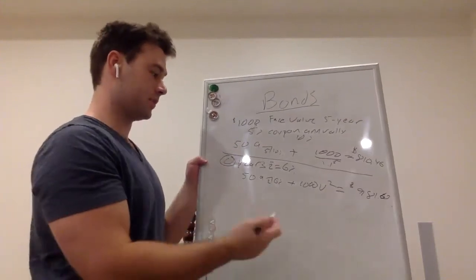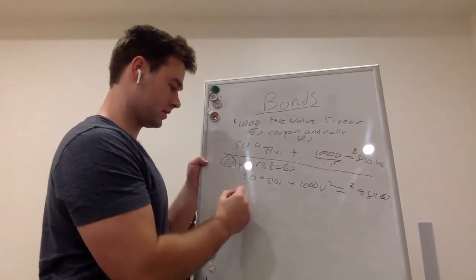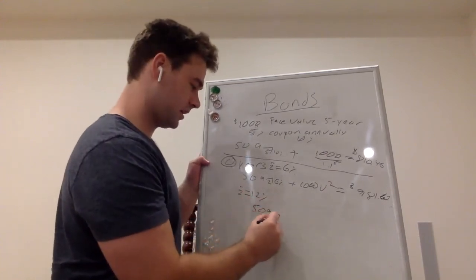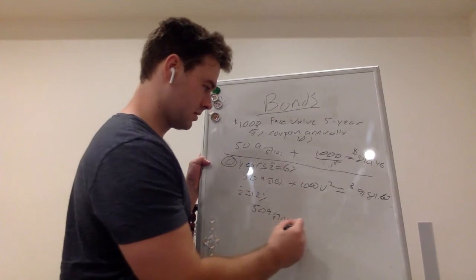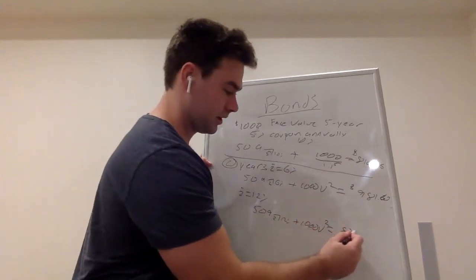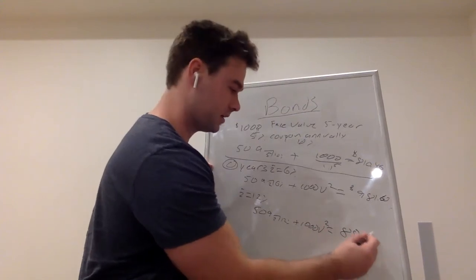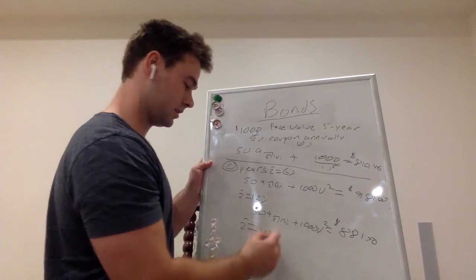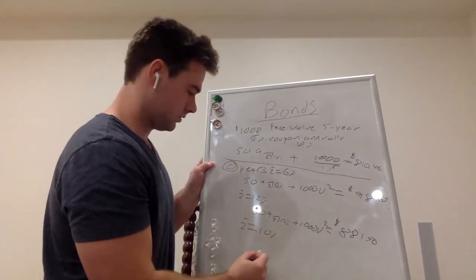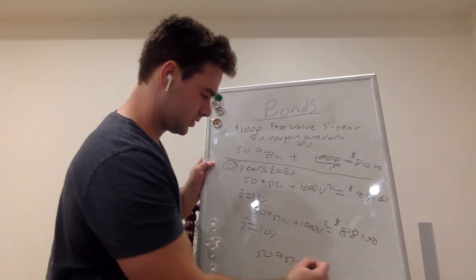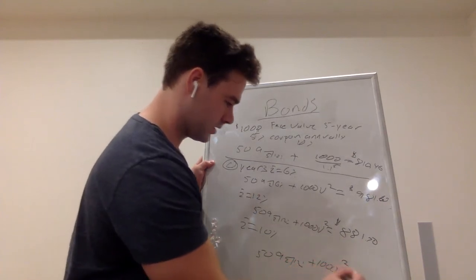And then let's see what happens if it was 12% in that same time period. So we have the 50 A angle 2 at 12% plus 1,000 v squared, and we have it as $881.70. And if I remains 10%, we have 50 A angle 2 at 10% plus 1,000 v squared.